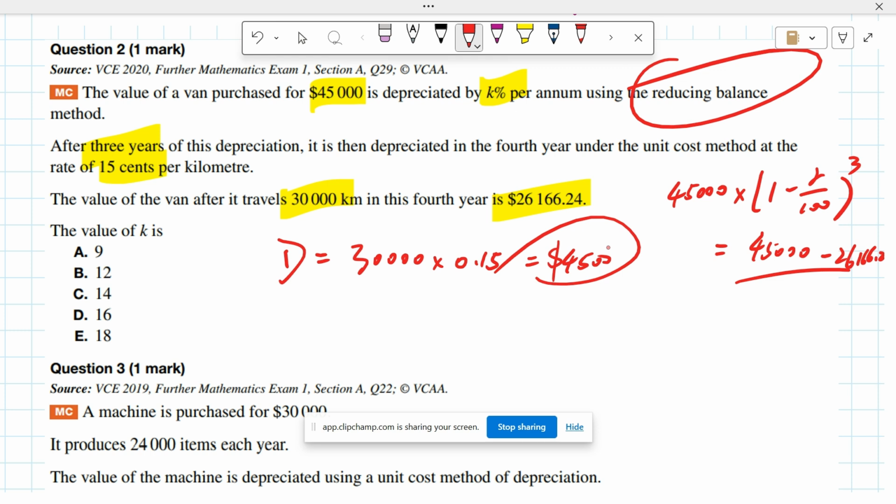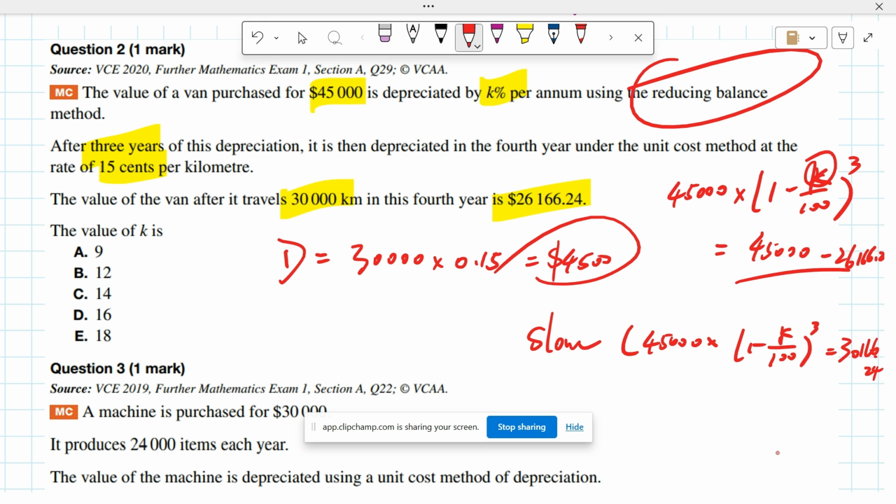Now we need to figure out this K, not N, sorry, this K, not R. So we put into the solve function: $45,000 multiplied by 1 minus K divided by 100, to the power of 3, equals 24.